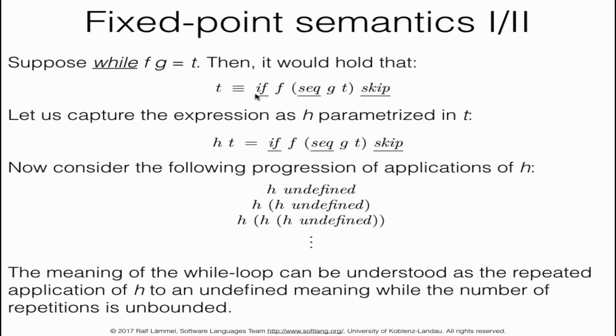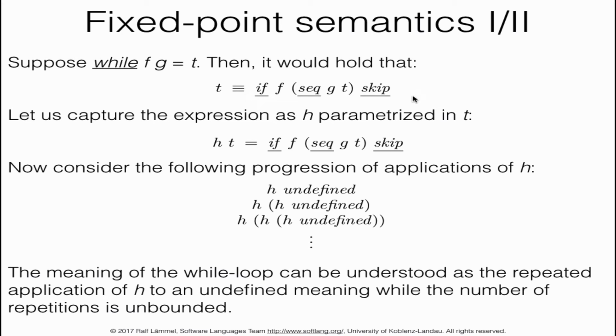So basically we can take if and apply it to the meaning of the condition, and for the meaning of the then branch, we assume the sequential composition of the meaning of the body of the while loop and again the entire while loop. And for the else branch, we assume the meaning of the empty statement.